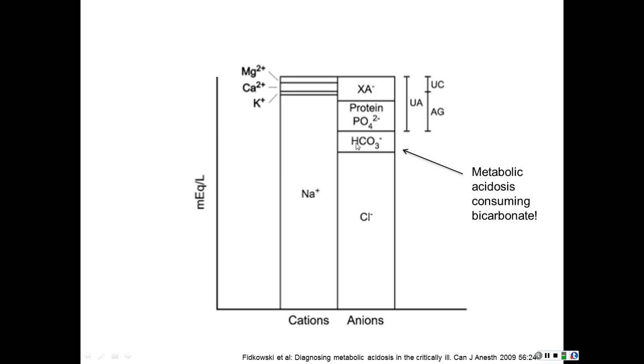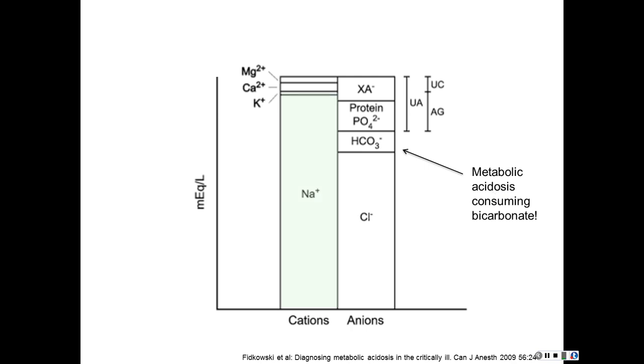And you end up with less of your bicarbonate buffer, which is your major buffer, and you end up being more acidotic. So you'd have an increased anion gap, and you would see that on an ABG, you would see this one in particular because it looked like an acidosis because the bicarb was low.